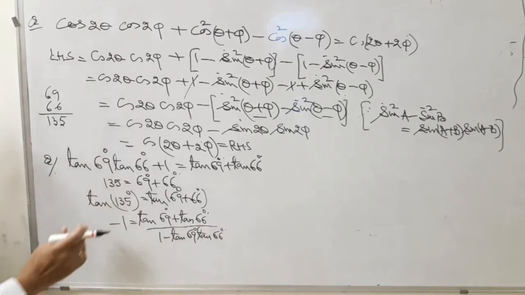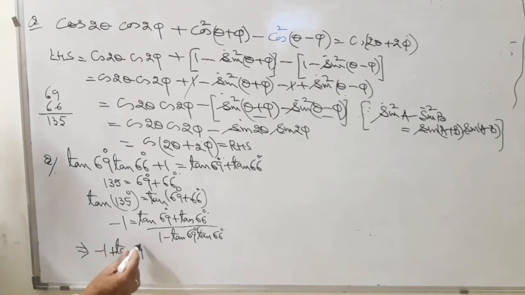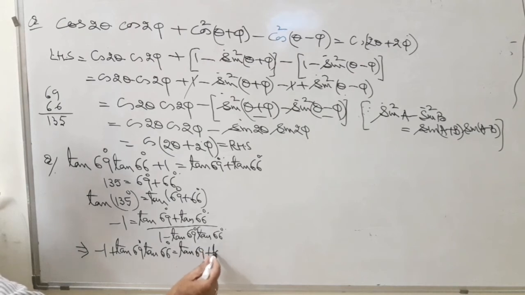Therefore, because tangent of 180 minus 45 is this, this implies minus 1 plus, cross multiply, tangent 69 tangent 66 is equal to tangent 69 plus tangent of 66 degrees. This we actually wanted to prove.